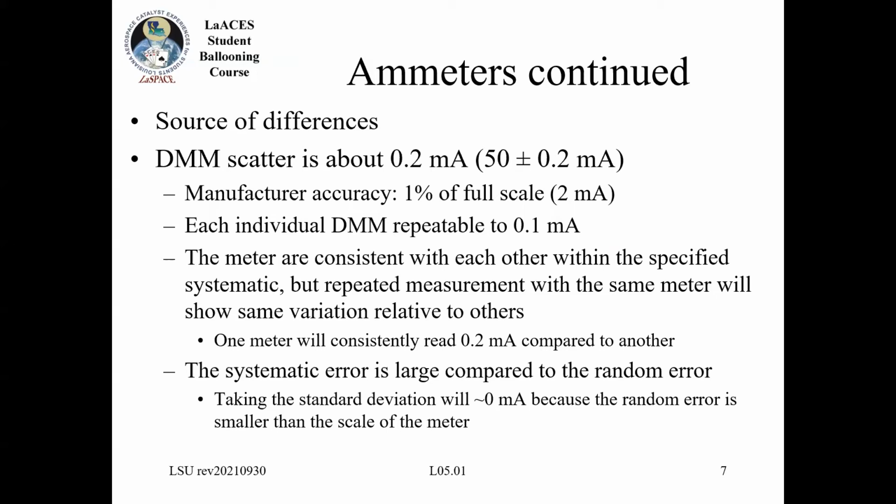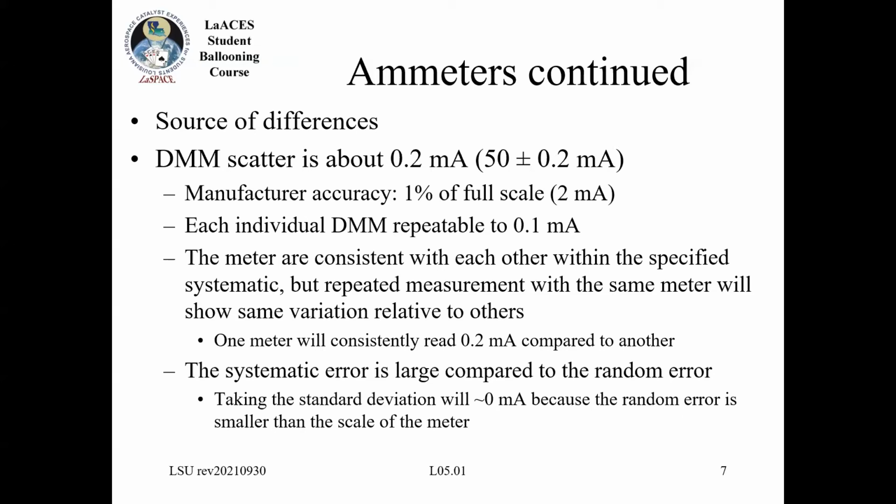Something you would also know if you repeated this is that each individual meter would read the same value over and over again, right? So that tells you that the scatter you're seeing is not a random error, because this is basically a fixed shift with each individual meter. So that's something that you would consider a systematic. And like we said, it's actually smaller than that specified error.